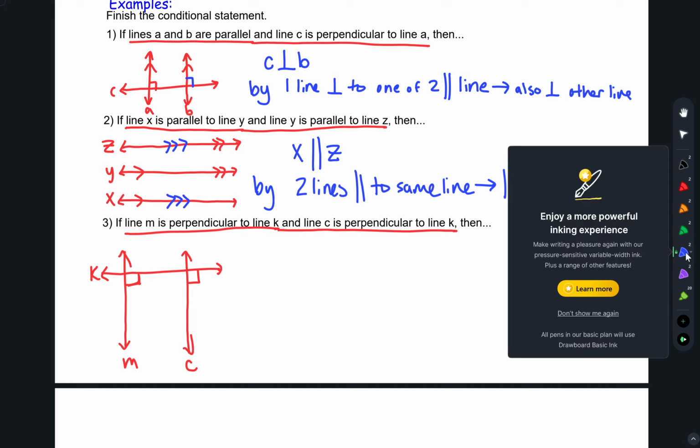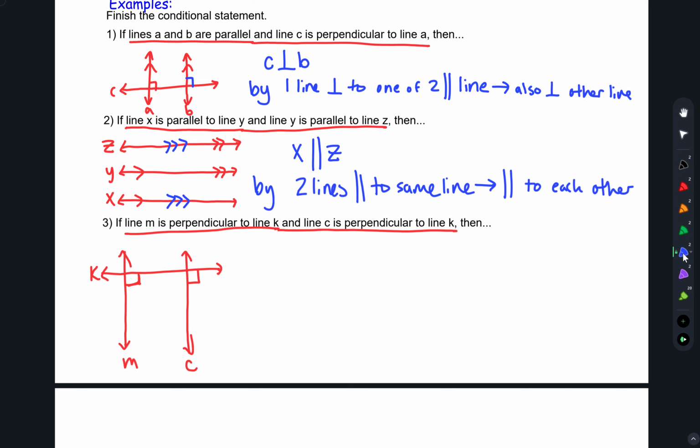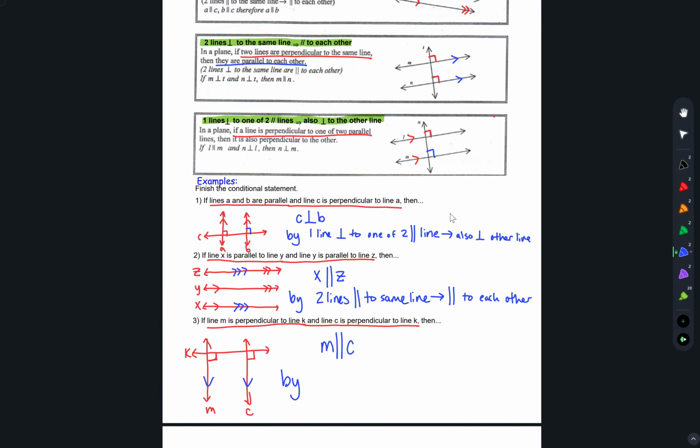Anna? We know that already. That was in our statement. Yes, line M and line C are parallel. By our reasoning, it's this middle one here. Two lines perpendicular to the same line imply they are parallel to each other.